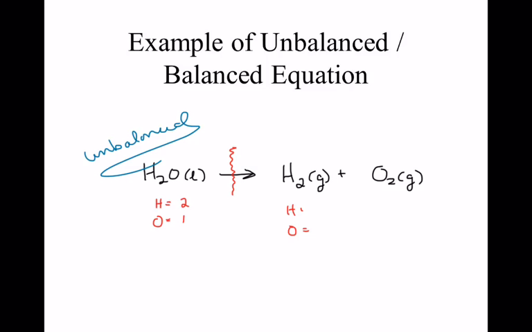On the product side, I have 2 hydrogens and 2 oxygens. Now the hydrogens are great, they're balanced. But the oxygens are not balanced. So it's an unbalanced equation. Is it wonderful? Yes. Is it balanced? No. So on the next few slides we're going to talk about balancing them.